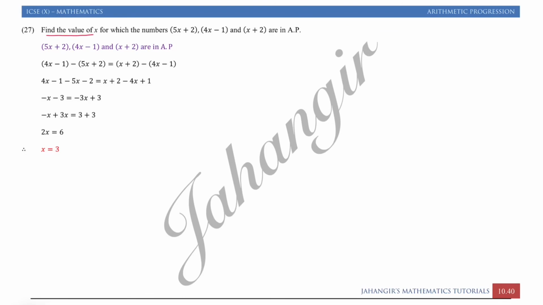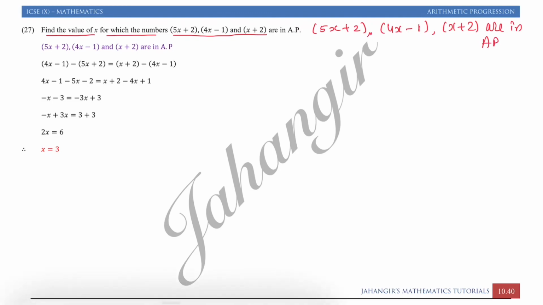Question number 27. Find the value of x for which the numbers are in AP. If we say three numbers are in AP, just like I will write 5x plus 2, comma 4x minus 1, comma x plus 2 are in AP.